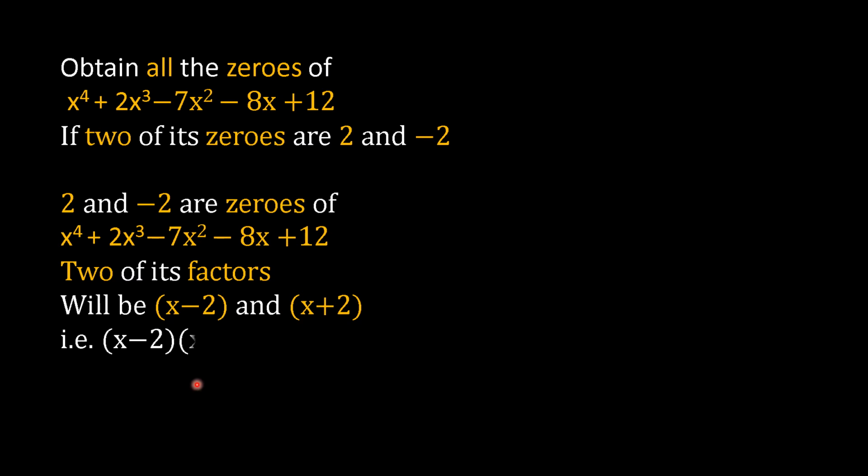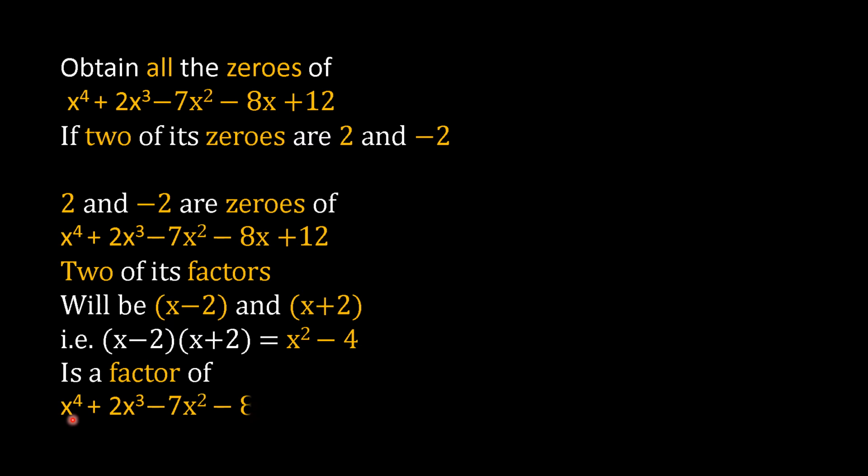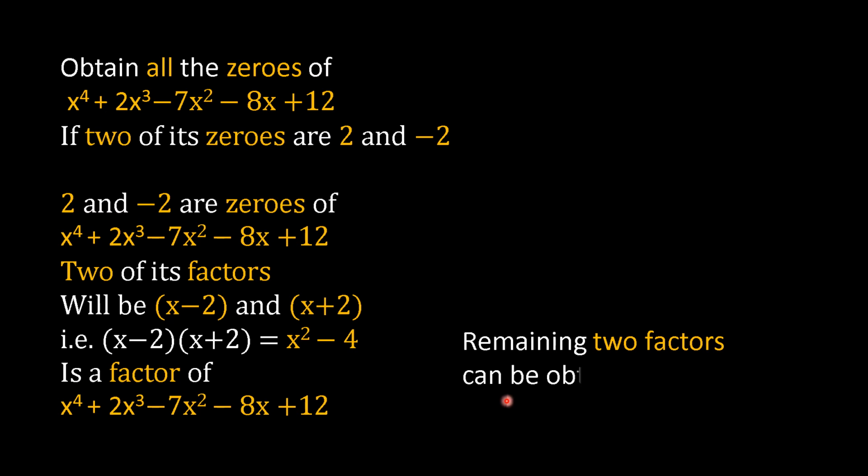That is, x minus 2 multiplied by x plus 2, or x squared minus 4, will be a factor of this polynomial. The remaining two factors can be obtained by a long division process.